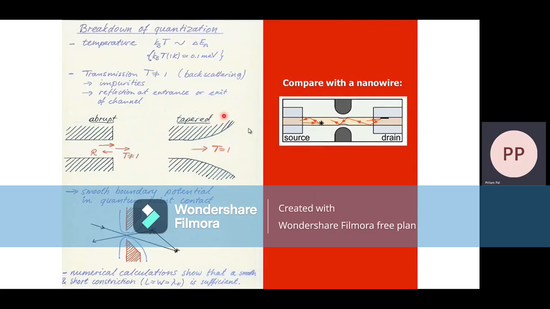If you solve the Schrodinger equation to match this one-dimensional spectrum to this two-dimensional spectrum, there will always be a finite reflection that you can see here. Reflection at this very abrupt interface. But in a real system, this is actually very hard because the two-dimensional electron gas is 100 nanometers below the surface.